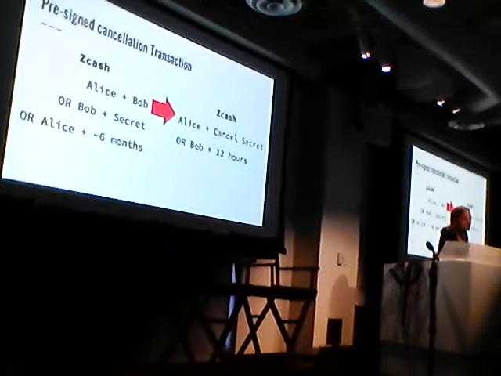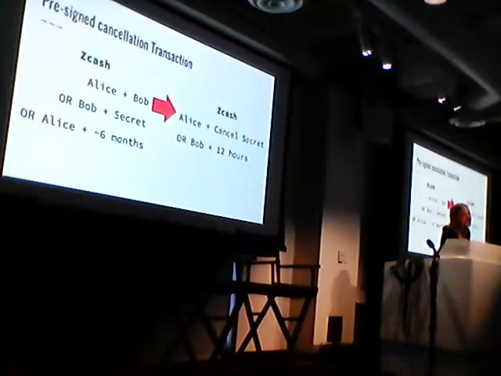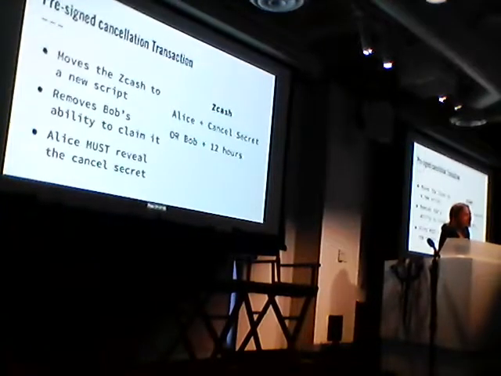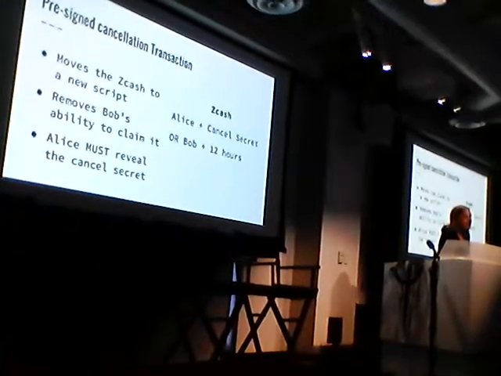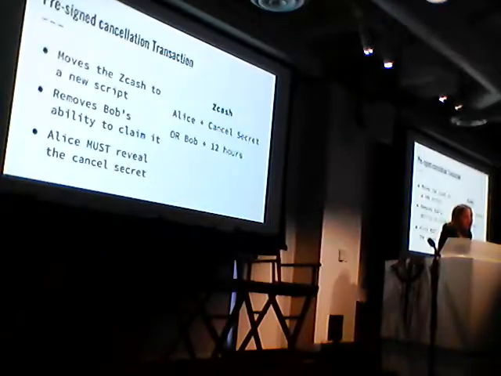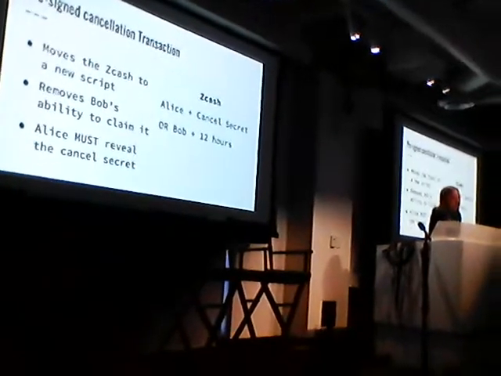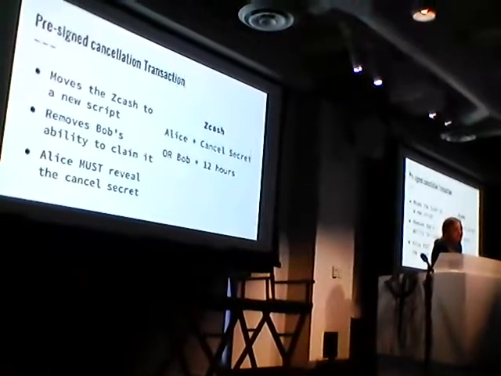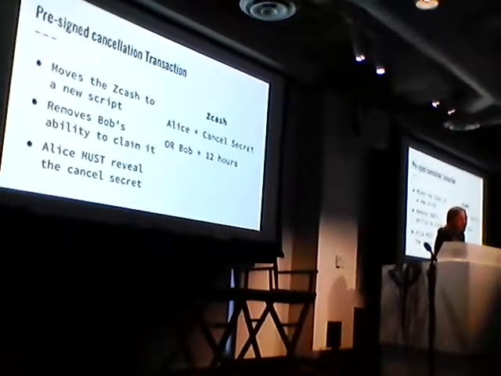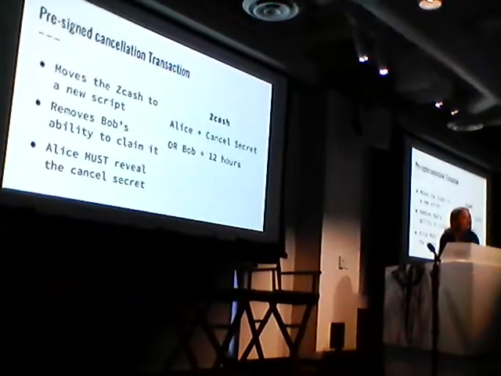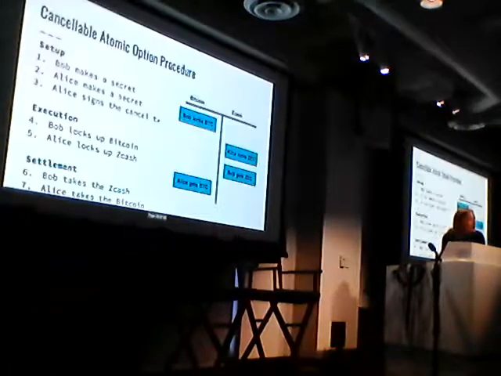And to do it, she must reveal the cancellation secret, right? So Alice must refund and reveal a secret, or Bob gets her money after 12 hours. And Bob decides when this cancellation process starts.